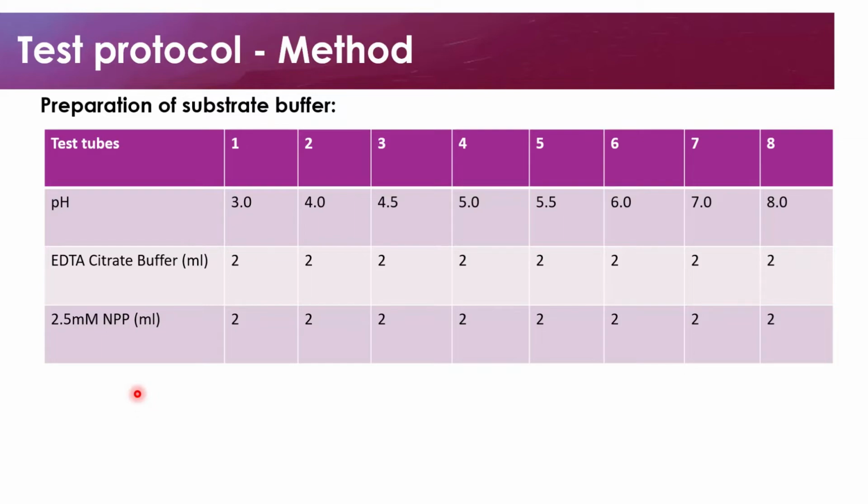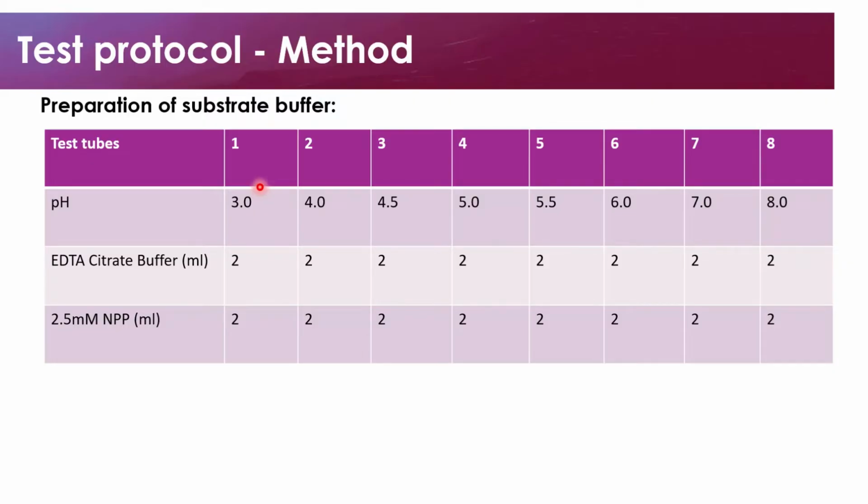So let's start our test method. The first is the preparation of our substrate buffer. To prepare our substrate buffer, which happens to be our EDTA citrate buffer and our 2.5 millimolar NPP as the artificial substrate, we are going to use the table over here.